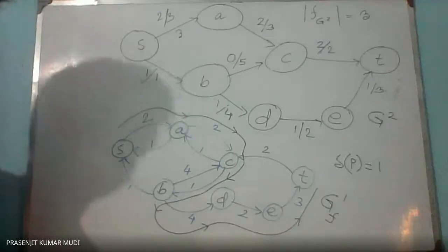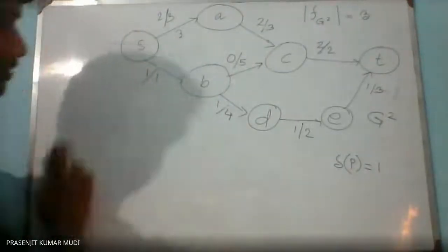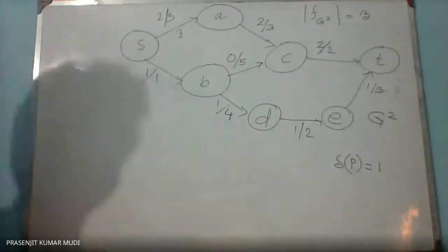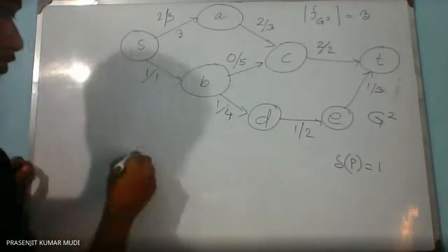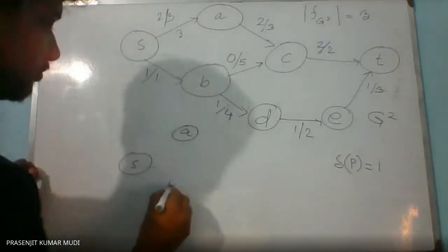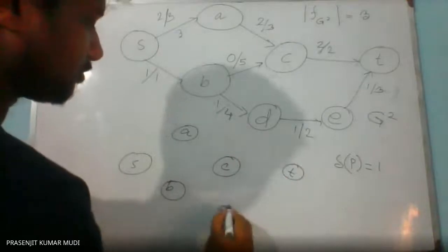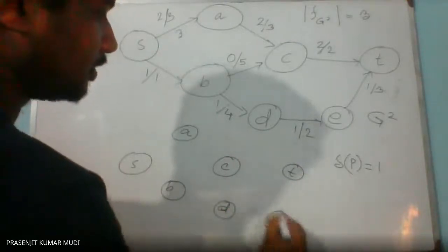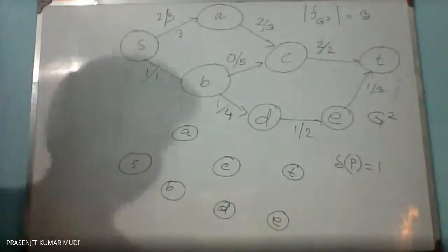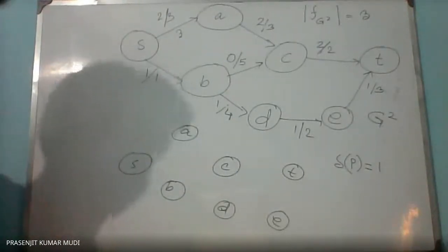Now again reconstruct the residual network. This is the iteration. Reconstruct the residual network of this modified flow network. You will continue this iteration until you can't find any augmenting path.